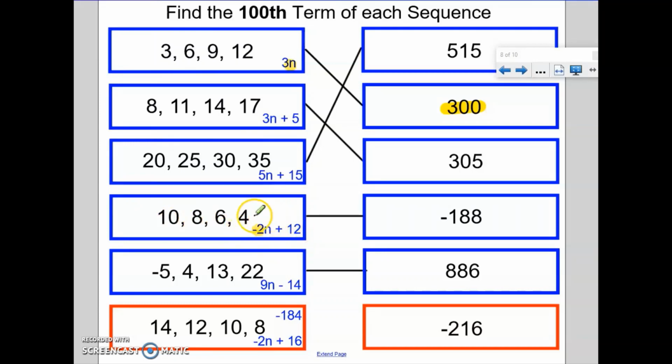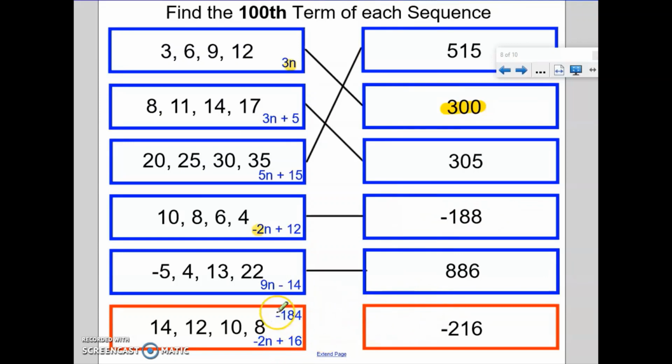Remember, you may have written that as 12 minus 2n, but it would mean the same. So now if I substitute 100 into this formula, -2 times 100 is -200. Then I'm going to add on 12. It's going to take me to -188 because I come 12 closer to 0.